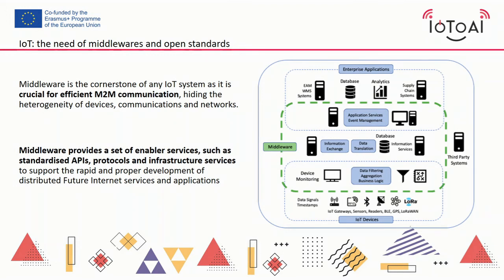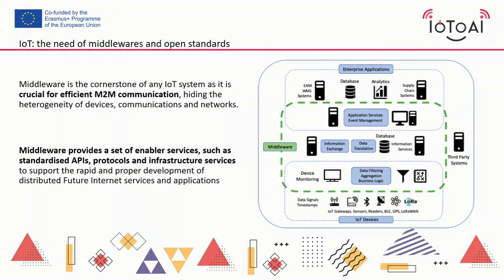IoT needs a middleware in order to connect the physical devices with the final user applications. The middleware is the cornerstone of any IoT system, as it is crucial for efficient machine-to-machine communication, hiding the heterogeneity of devices, communications, and networks.